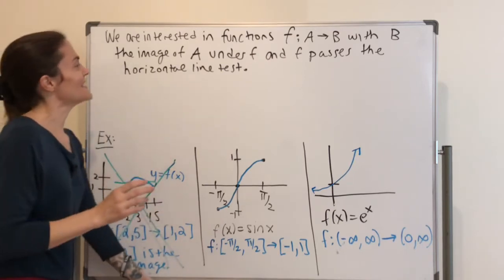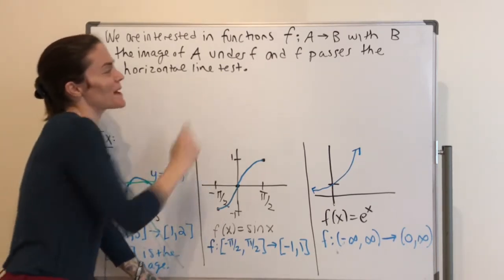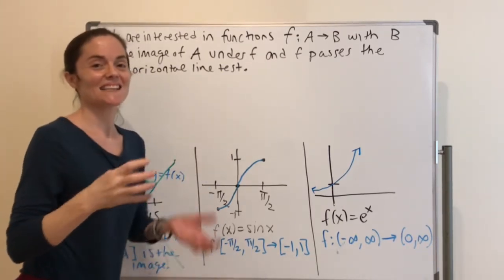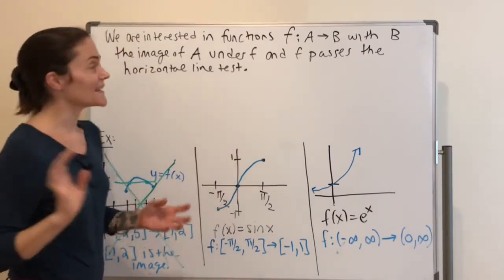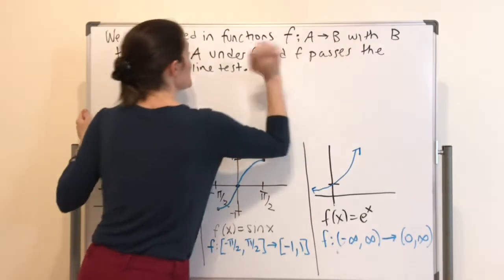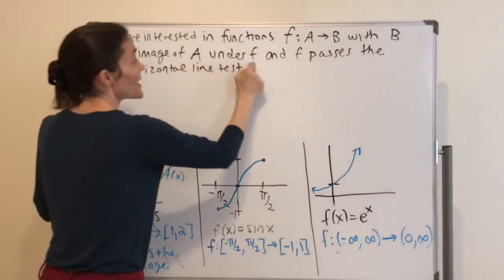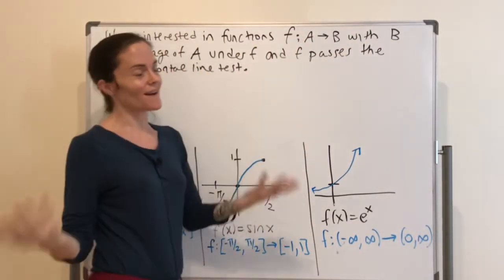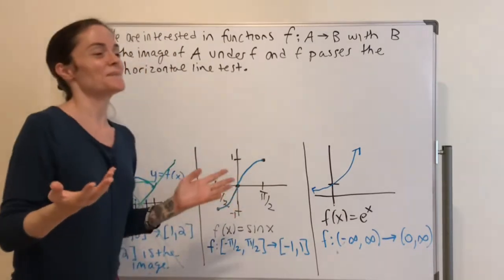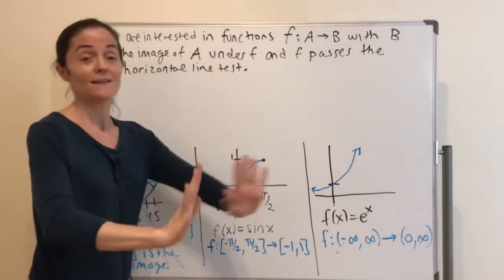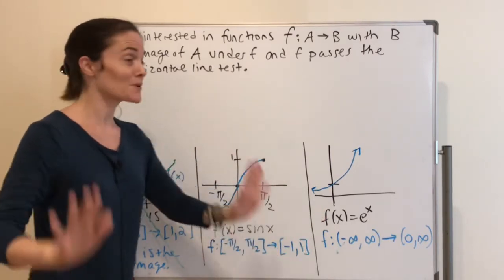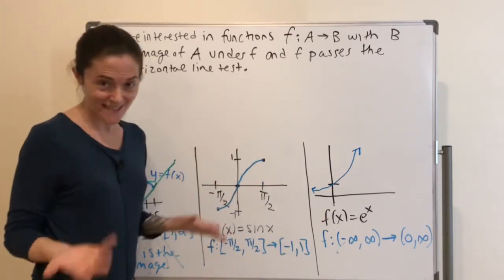Passing the horizontal line test has an adjective: it's called one to one. And the fact that B is the image of A under f also has an adjective: it's called onto. If you are interested in further studying those concepts for a function, I would say go take math reasoning. It's a beautiful course taught at this university.